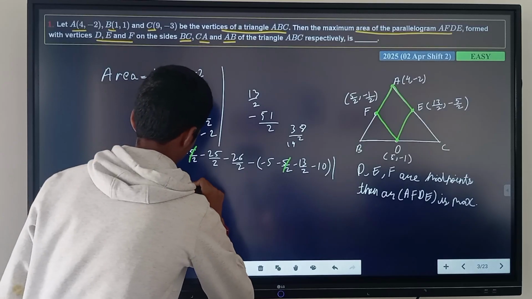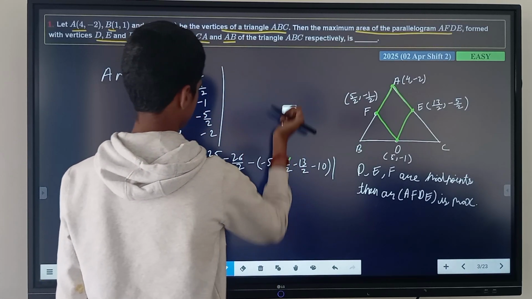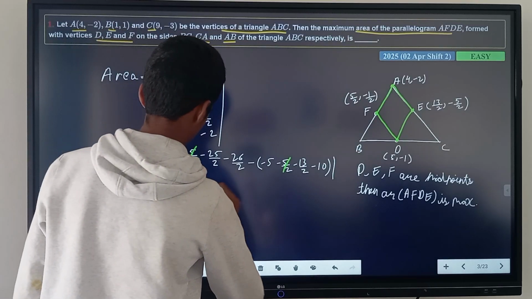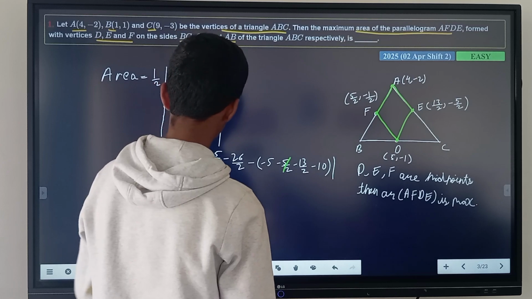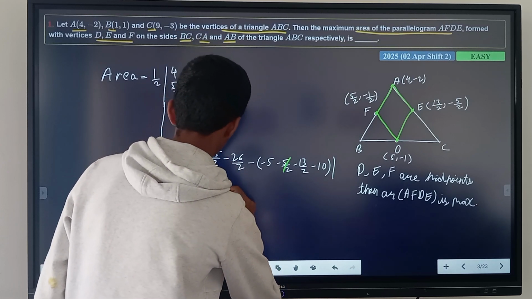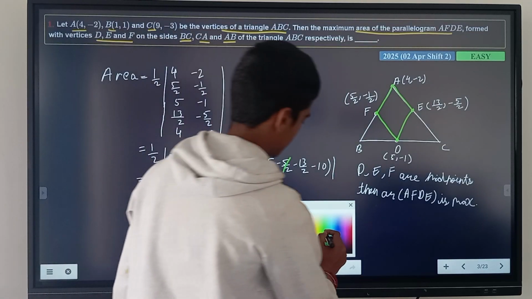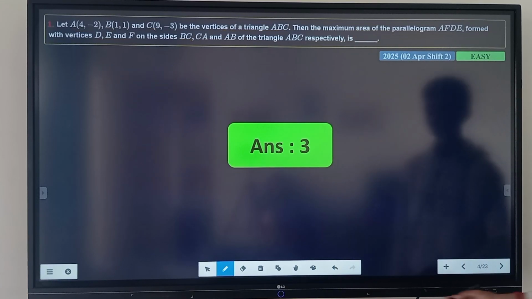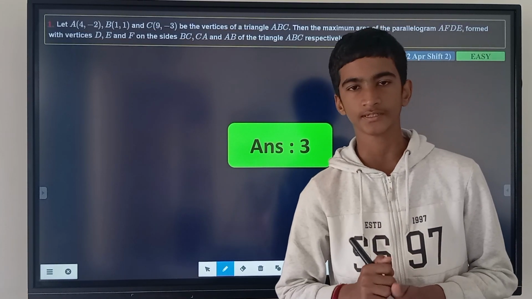So minus of 19. 13 minus 19 is minus 6, mod of minus 6 will be 6. 1 upon 2 into 6 will be 3. So from here our answer is 3. And here is our solution, and we can see that our answer is correct.